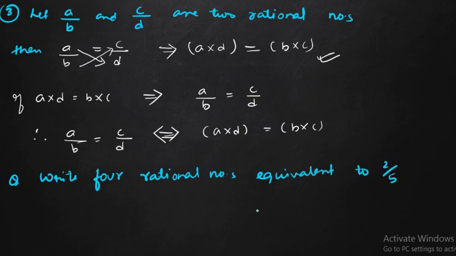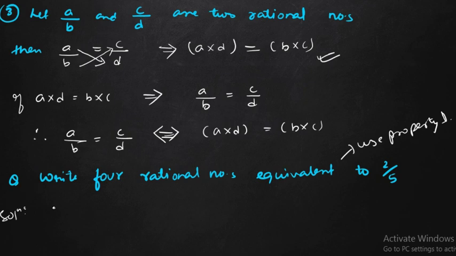So we can use property number 1. That means to get equivalent fractions or equivalent rational numbers, multiply the numerator and denominator by the same non-zero number. It may be positive or negative, but the number in the numerator and denominator must be the same.